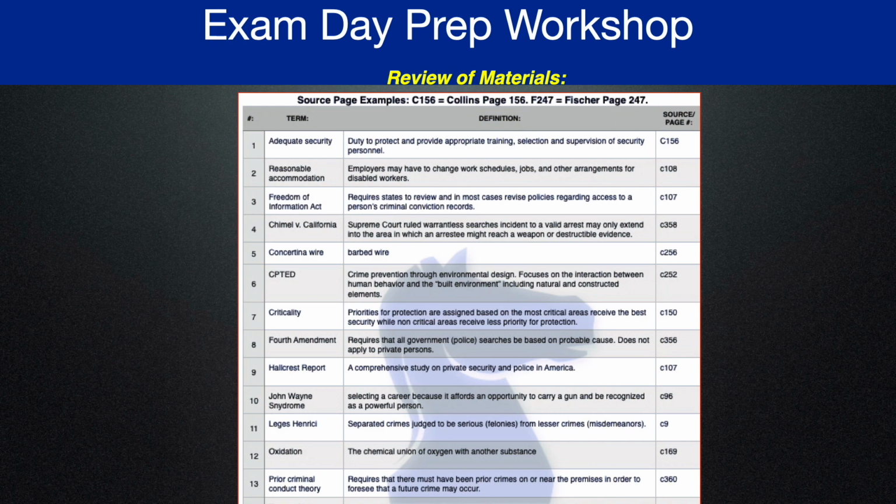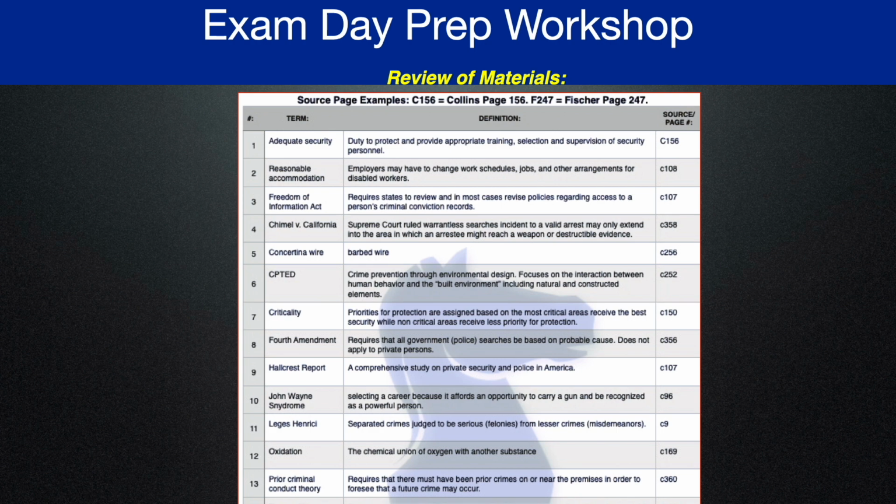Here is a review and an example of material that is found in my study guides. Remember I mentioned the state of Illinois gives you a study guide. Well, I also have a study guide for you, and in my study guide I have created keywords and definitions. This is an example from the private security contractor study guide.